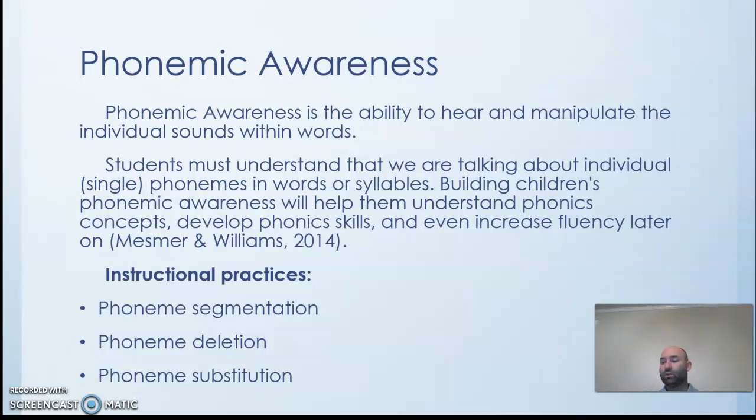If we were going to do deletion, if we had a word glad and we took away the g sound, then we would have lad, be an example of phoneme deletion. Phoneme substitution, if we had the word big and we changed the b to a d, we would therefore have dig. So we're aware of those sounds and we're able to create new words from what we already know.